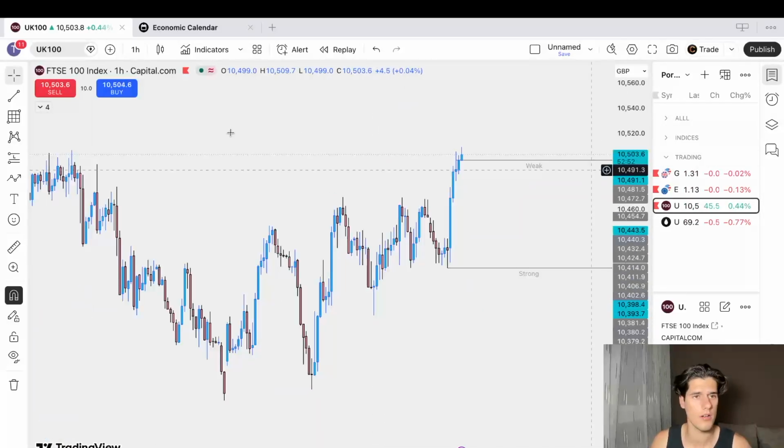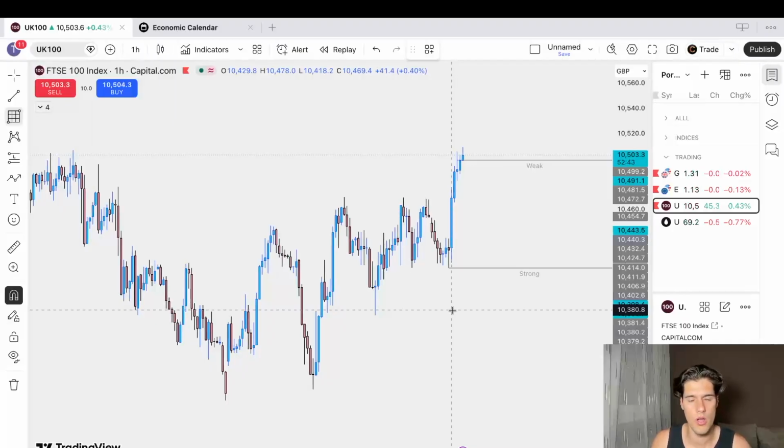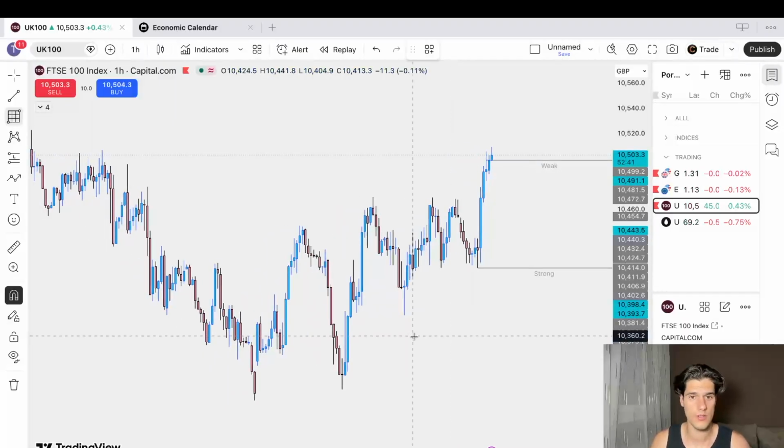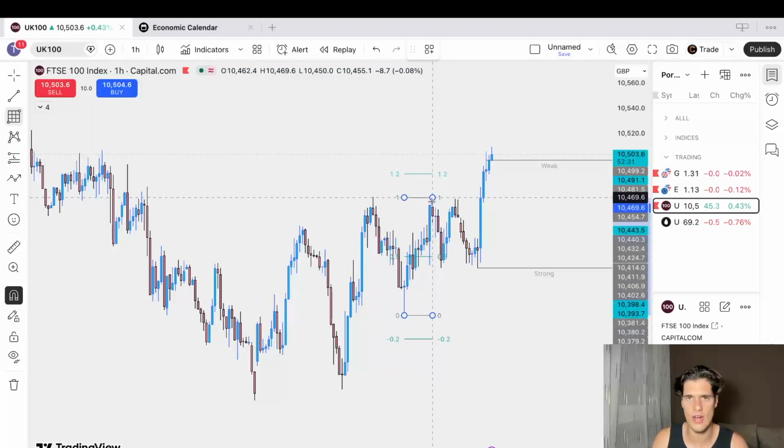This is today's market. This is the equilibrium zone, and we need to find again where the high is and where the low is. As we can see, we are on a bullish trend right now, so we need to find the low. Here is our low. All right, where is our high? Actually, this is right here.